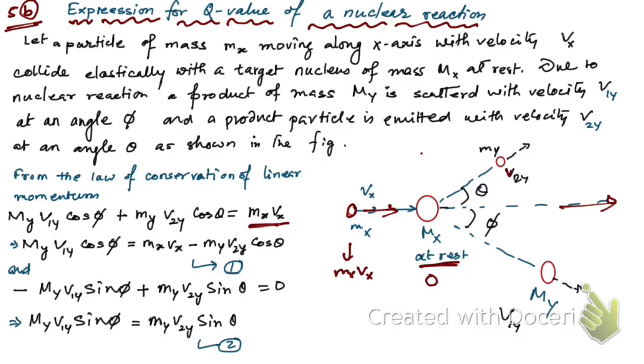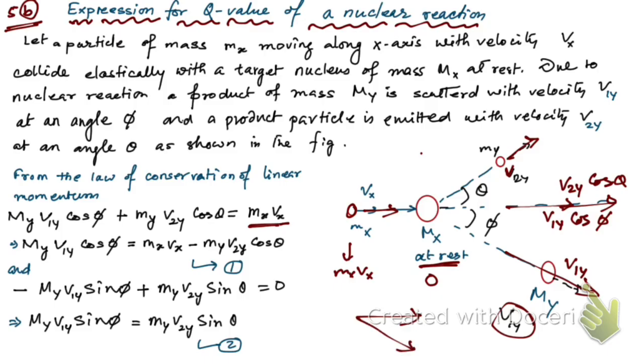So if this velocity is in this direction, we're going to have the component v2y cos theta, and the velocity component of the velocity v1y along the x-axis will be v1y cos phi, right? So hope you have the idea of vector components.